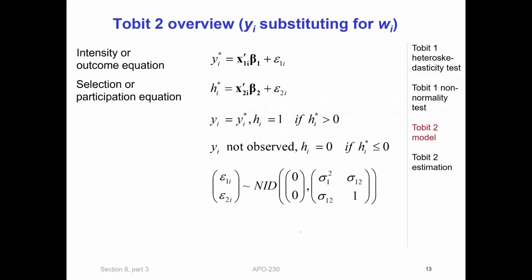So having gone through this theoretical model of wage, now we could just substitute the wi that we talked about on previous slides with yi, and we have a Tobit-2 model. So nothing really changed compared to the first time we saw this assumption, just substitute yi for wi.